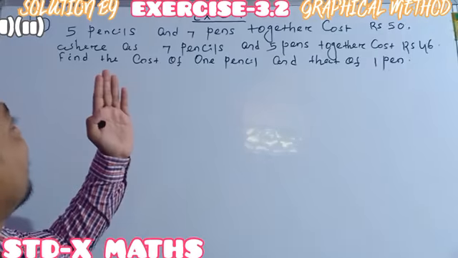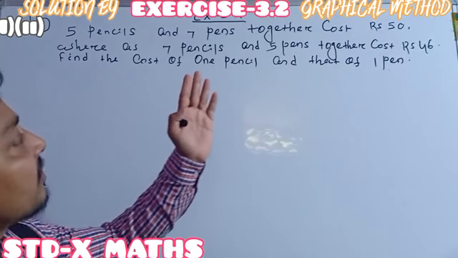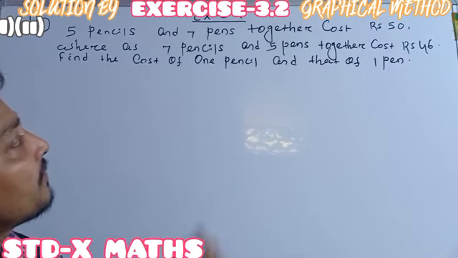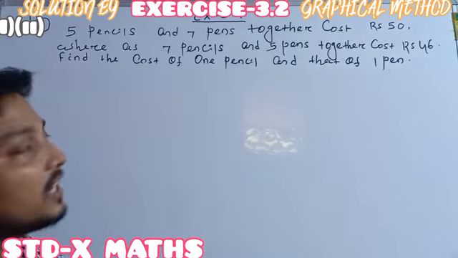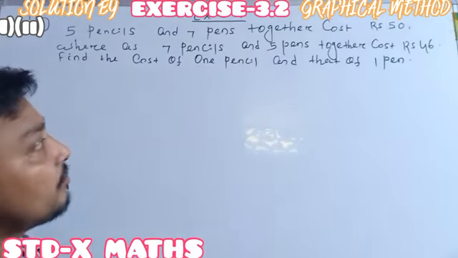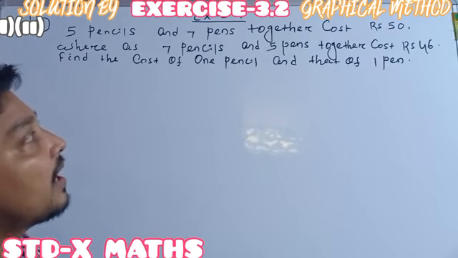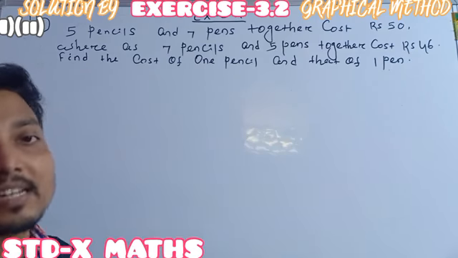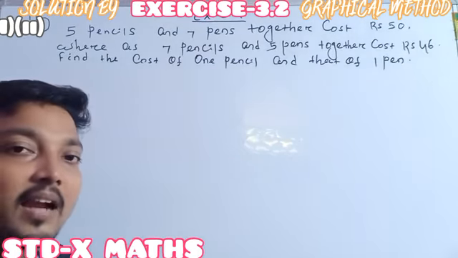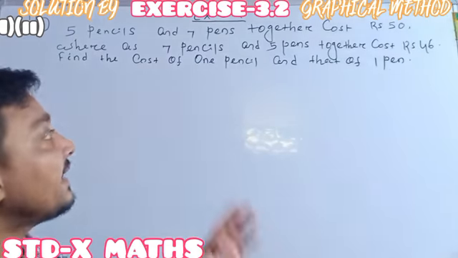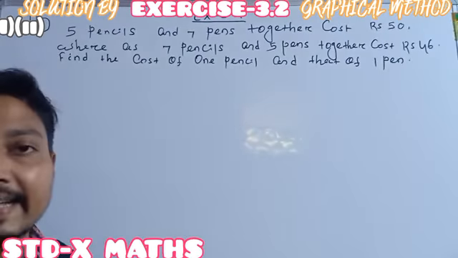First line: 5 pencils and 7 pens cost 50, and second line: 7 pencils and 5 pens cost 46. So in both sentences, the variables are the pen cost and the pencil cost. Pen cost and pencil cost are the two variables used in the first two sentences.